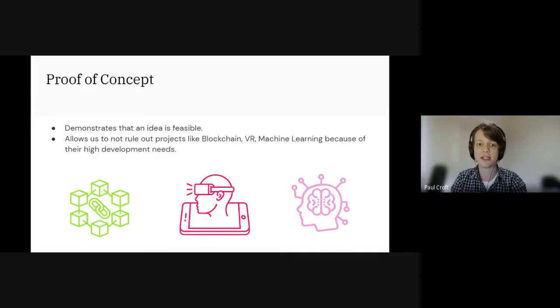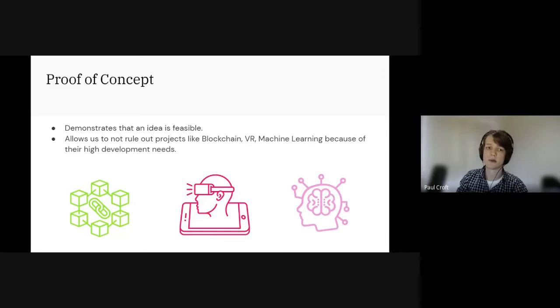Doesn't need to be fully developed, doesn't need to be all the different parts working together. It just needs to be able to demonstrate that, yeah, I can do this and I can do this, and we can get some feedback from other people about our idea. It allows us to not rule out these really big projects like blockchain, VR, machine learning, because of the high level of time it would need to develop a finished project.